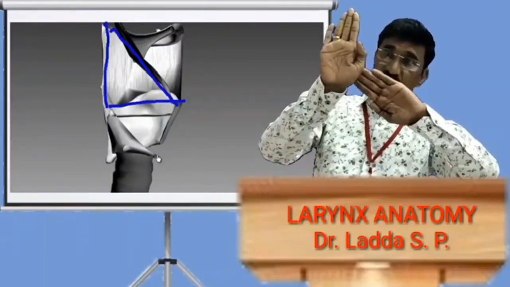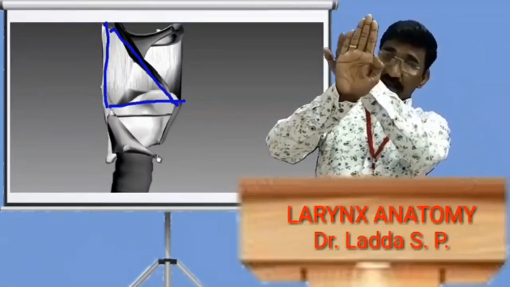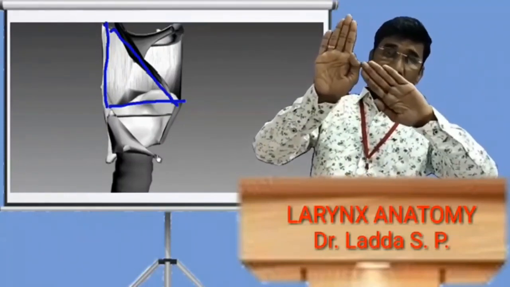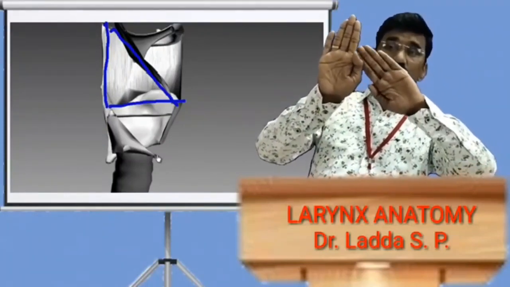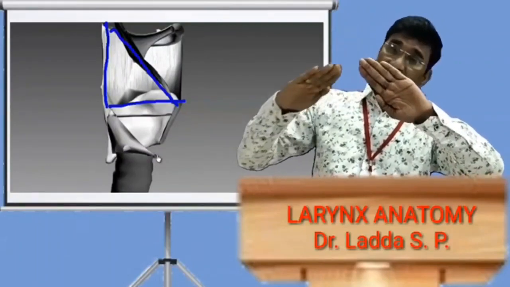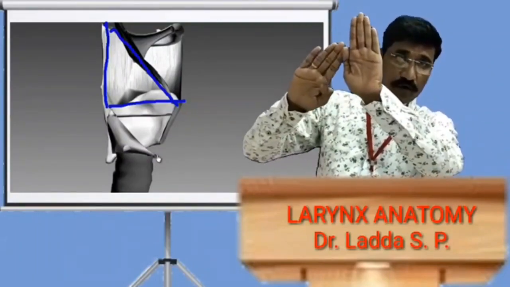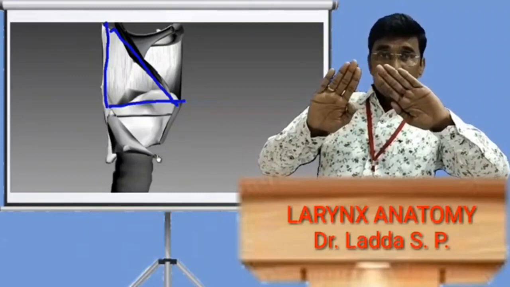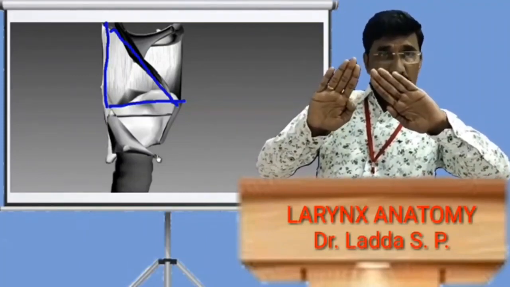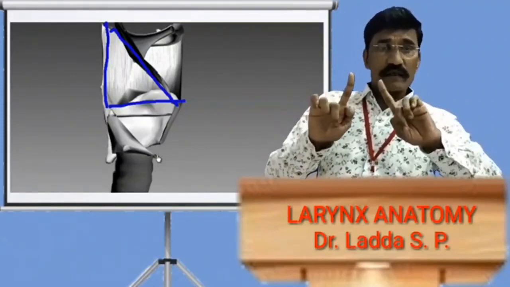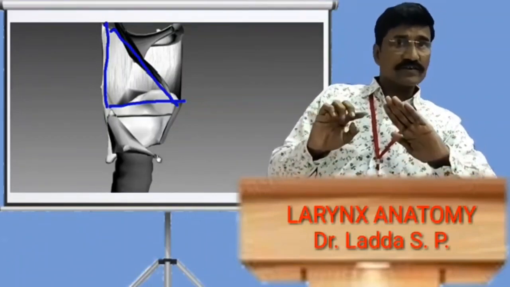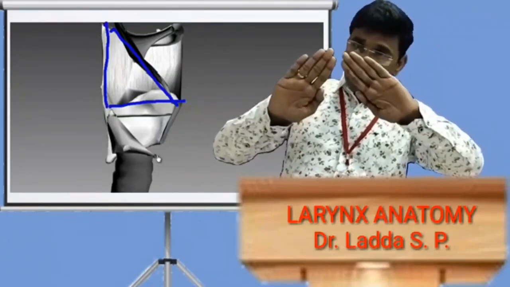Here is the epiglottis, a border of the epiglottis, a second border of the epiglottis, one fold from the arytenoid going to the border of the epiglottis, a second fold from the arytenoid going to the border of the epiglottis. Now these two folds are going to the epiglottis from each arytenoid, because the arytenoids are paired cartilages, so there are two from each arytenoid.